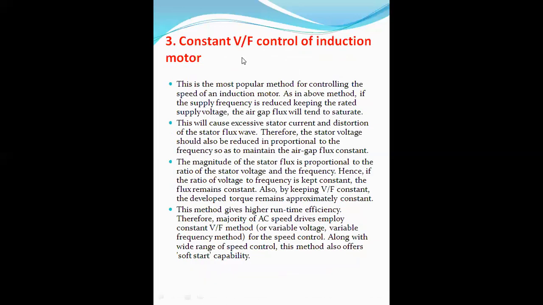The third one is the constant V by F control of induction motor, voltage-frequency control. This is the most popular method for controlling the speed of an induction motor. In this method, if the supply frequency is reduced while giving the rated supply voltage, the air gap flux will begin to saturate.